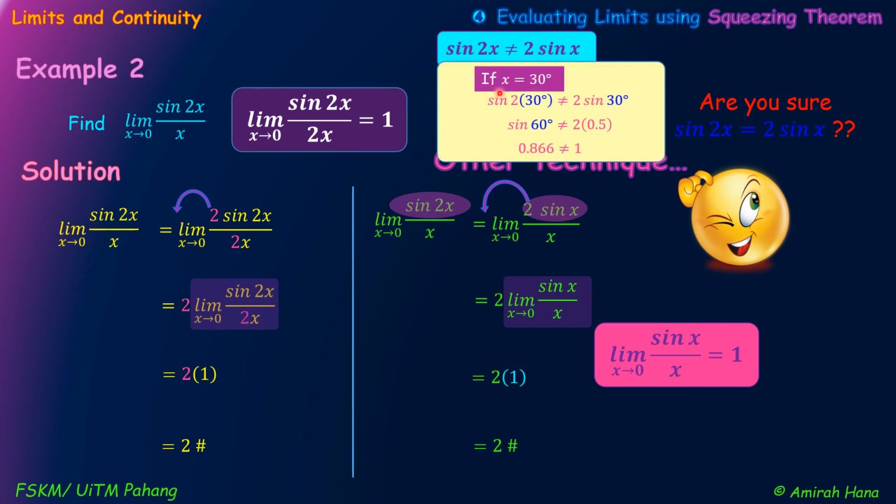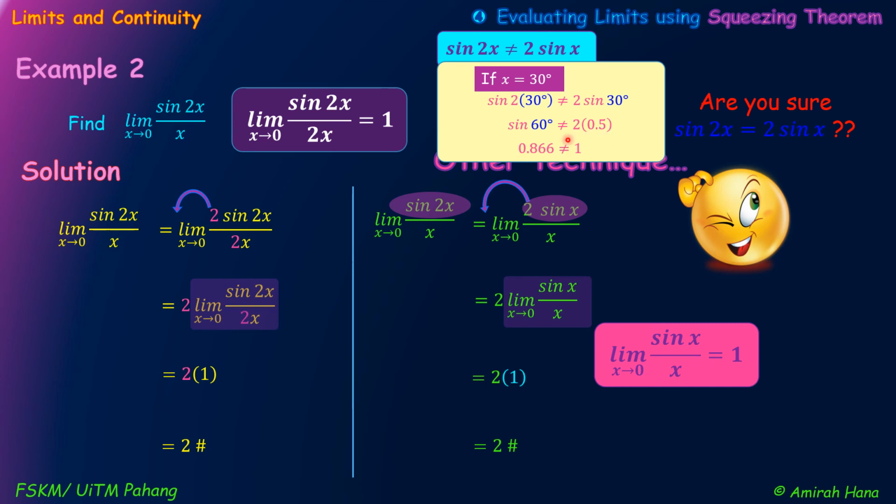Because if x equals 30 degrees, let's say we substitute into x here, so we have sine 2 times 30 degrees, not equal to 2 sine 30 degrees. Because 2 times 30 degrees means 60 degrees. So now we have sine 60 degrees, and sine 30 degrees using a calculator is equal to 0.5.